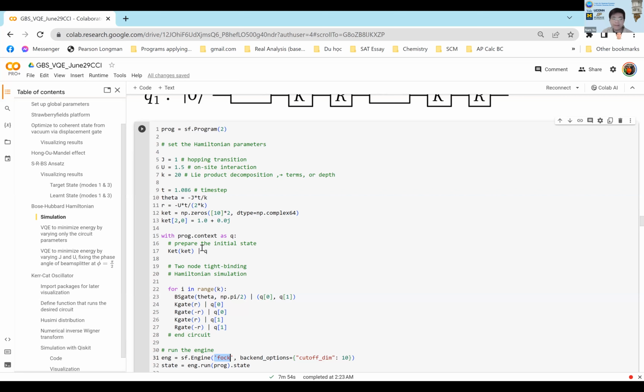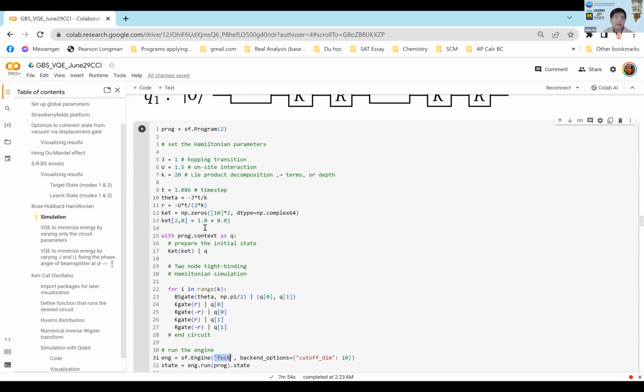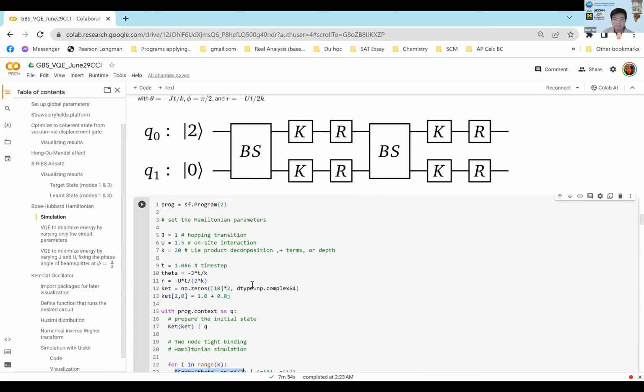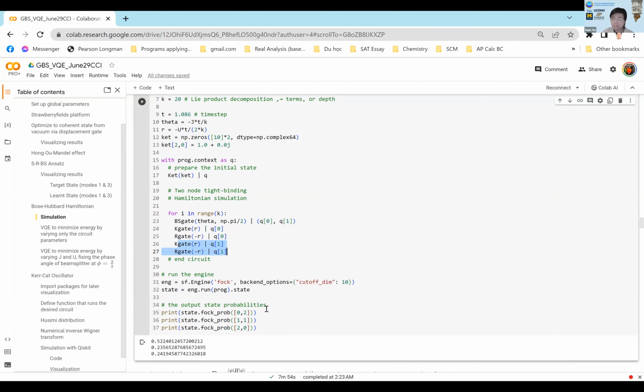Then to prepare the circuit, we're starting with 2, 0. So a Fock state of 2 in the first mode and a Fock state of 0 in the second mode. We have to prepare that initial state, because if you don't prepare anything, it's going to start with a vacuum state for both modes. And then I prepare the beam splitter gates for both modes, and then define a Kerr gate and a rotation gate on each mode with the respective parameters as shown here.